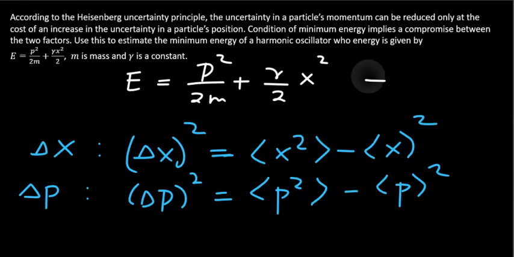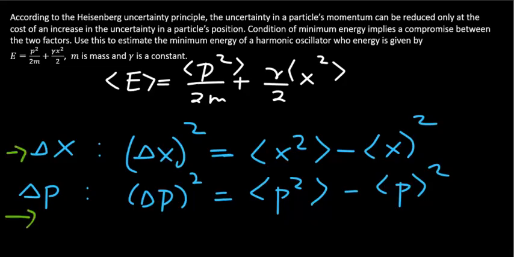Let's rewrite the energy equation in terms of average quantities, like that. Then we can use these two expressions to express these two quantities in terms of the uncertainties. And we get an expression that looks like this.